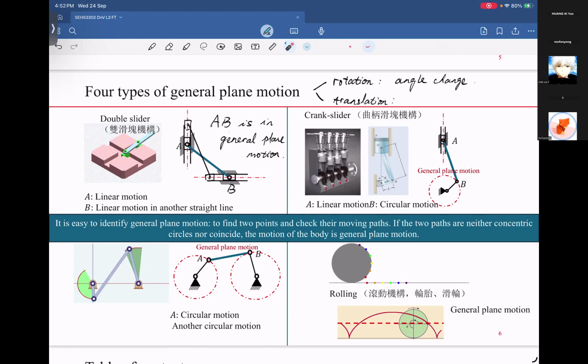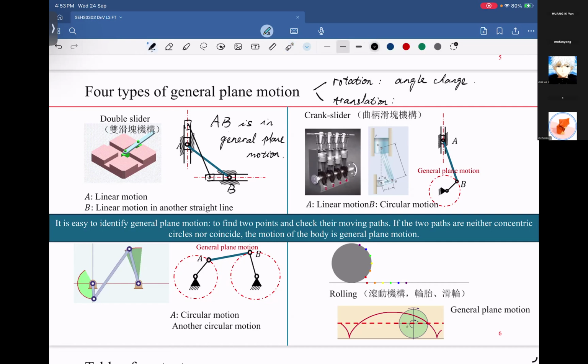It does not have a fixed rotating center, so it is not a rotation. For two points, it has different motion, so it is not a translation. Therefore, it's general plane motion.